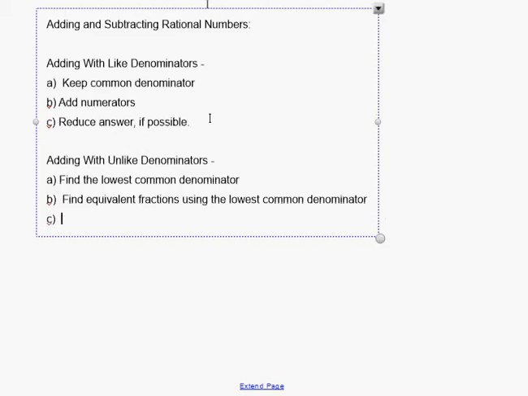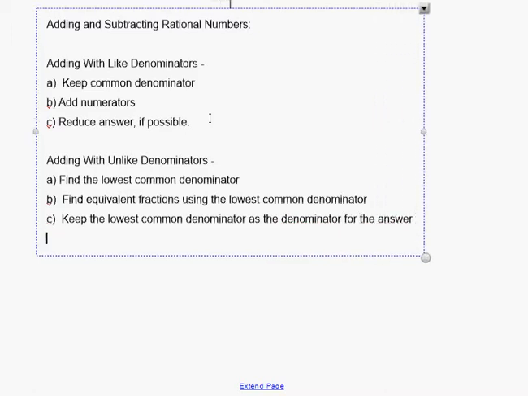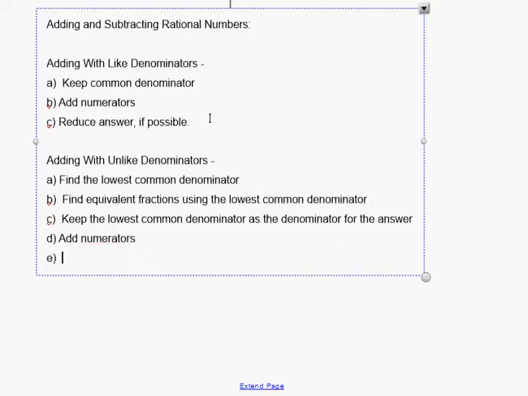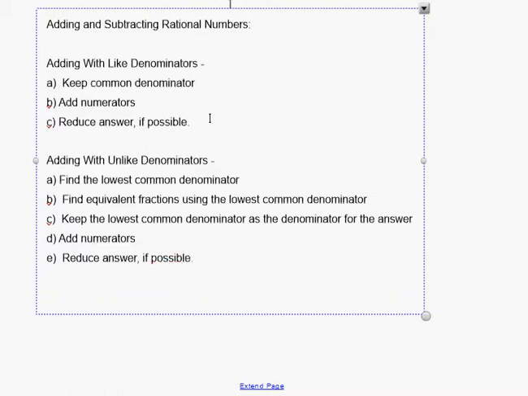Then we keep the lowest common denominator as the denominator for the answer. We add numerators and also reduce the answer if possible. So they're very similar once you find yourself with a common denominator.